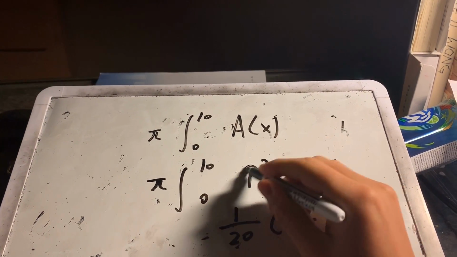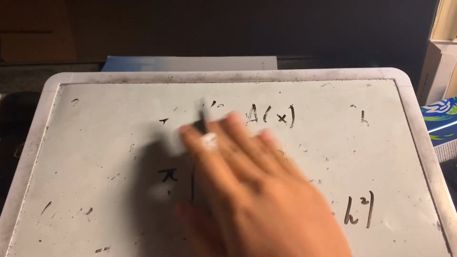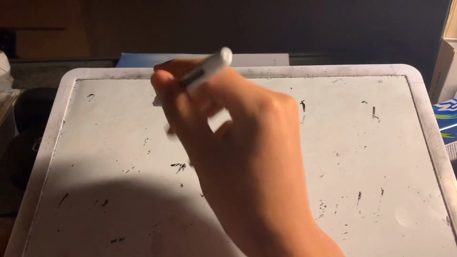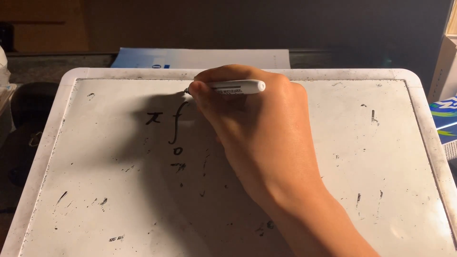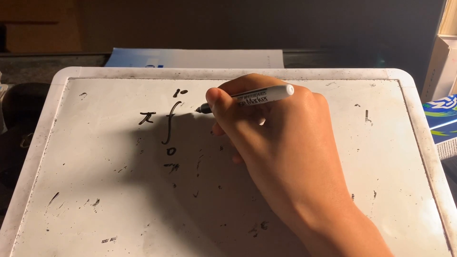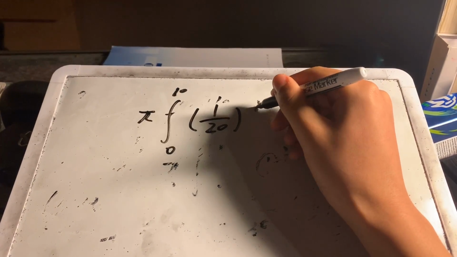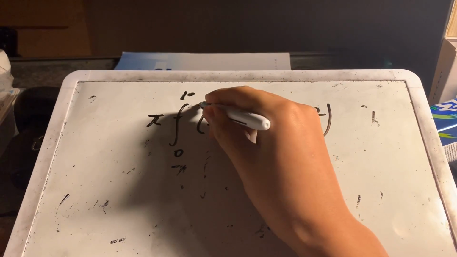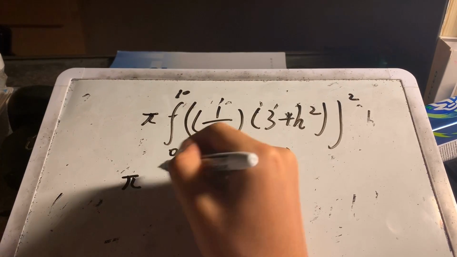So we substitute the r value in, and we are able to find the following formula, which should look like this. 120 times 3 plus h squared. So it is equal to this.